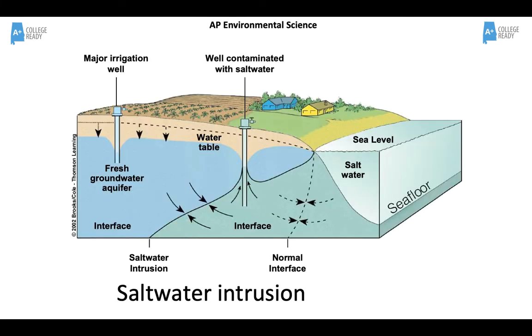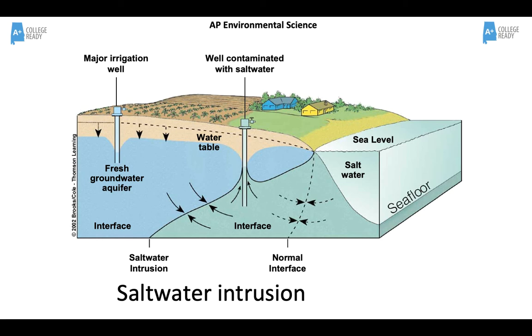Saltwater intrusion. We actually could see that here in Alabama and Florida and Australia, along the coastlines typically is where you see it. But you have freshwater aquifers below ground, even on the coastline.